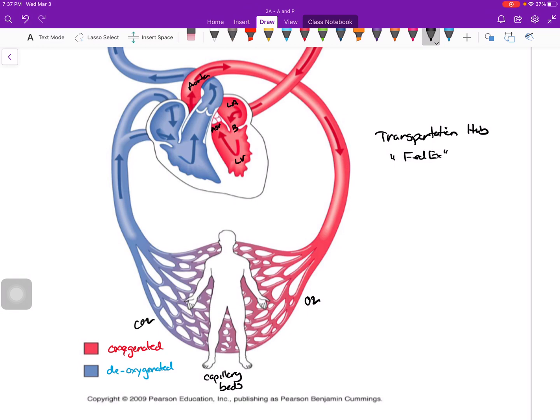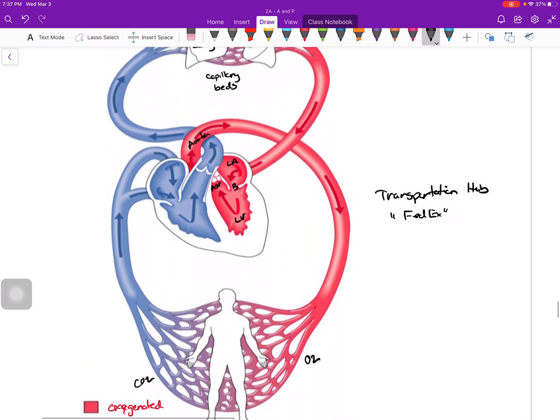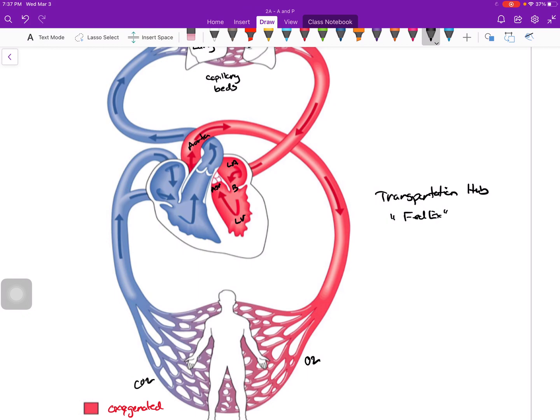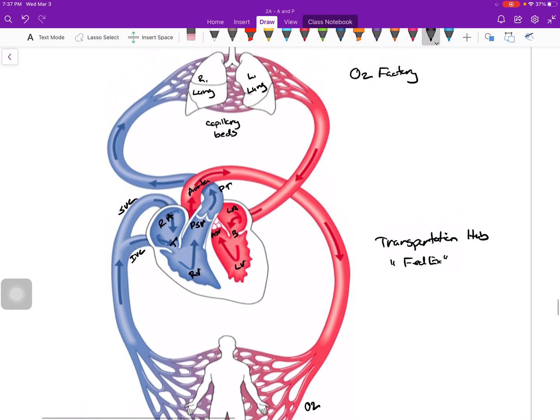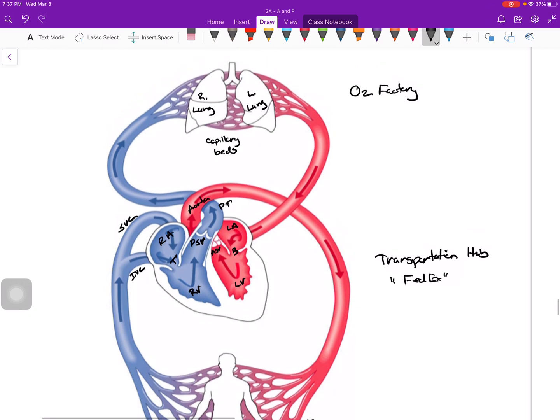CO2 is picked up. The blood comes back, coming in through the IVC, inferior vena cava, and the SVC here, into the right atrium, going through the tricuspid to the right ventricle, out the pulmonary semilunar valve, through the pulmonary trunk, to the right and left pulmonary arteries.